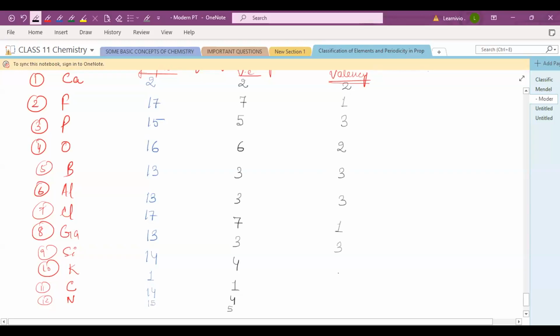It's 4 again, 1, and 8 minus 5 is 3. So that's the valency, valence electron, group number, and your element. Now you know how to assign the valence electron and valency. Clear?